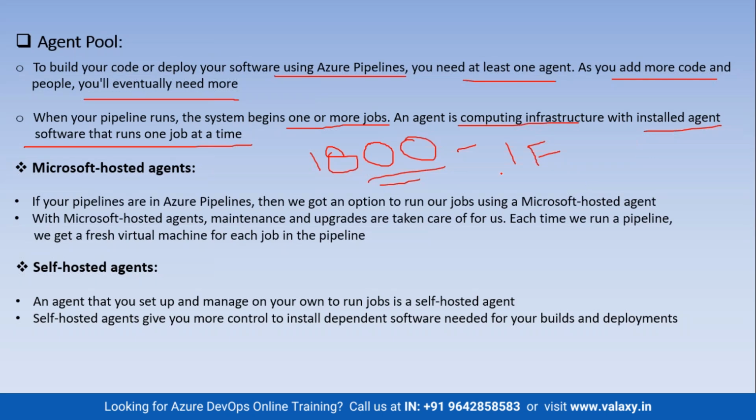If you want parallel execution, then in that case you need to have multiple agents, and for multiple agents you need to pay. Multiple agents are not free. In companies, there is costing involved. What are the charges and things like that? That is something we can talk about.